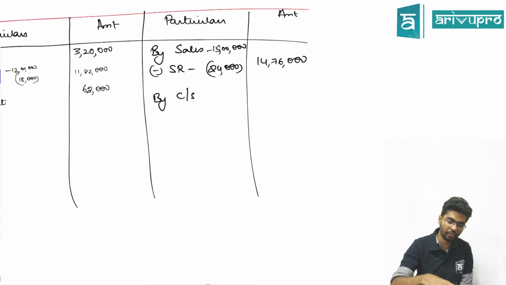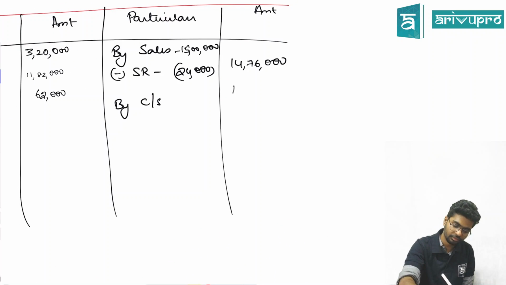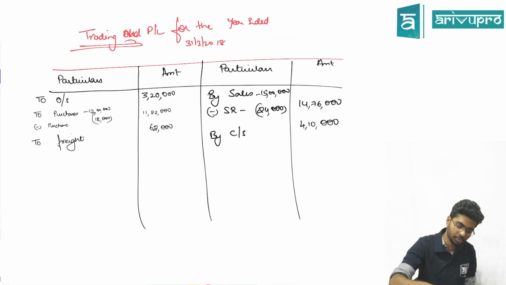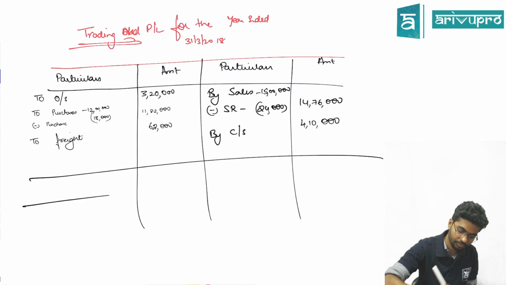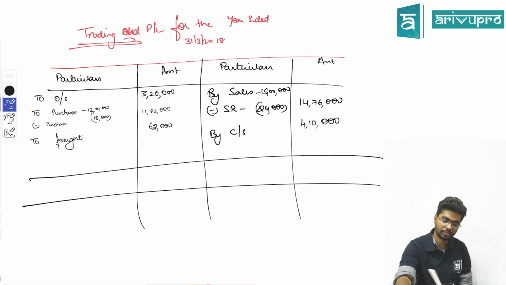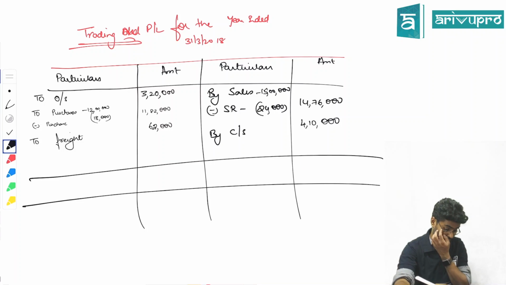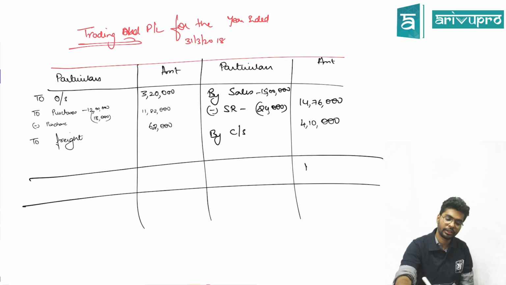What's my closing stock value? So what's my final answer? 18 lakh 86,000.